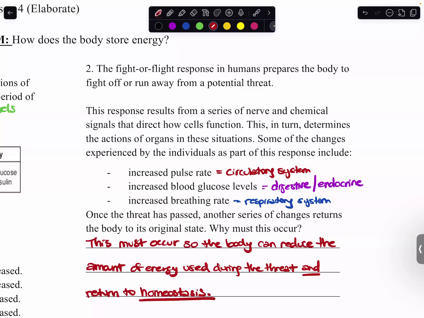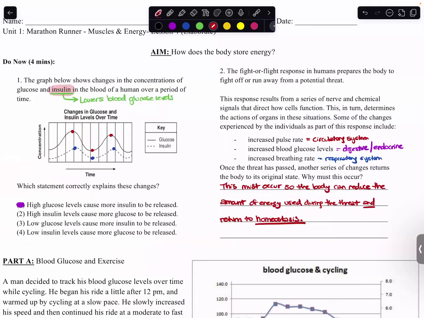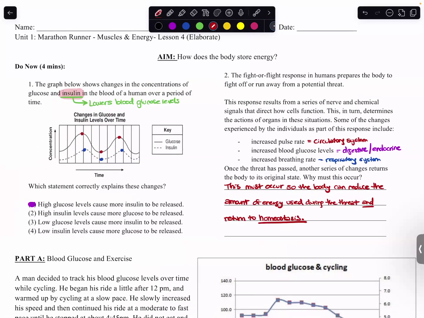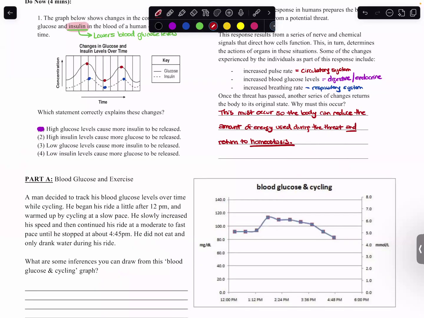Which is maintaining a stable internal environment. We never ever want anything to be out of balance. And homeostasis and these different mechanisms are going to make sure that that doesn't happen for us.